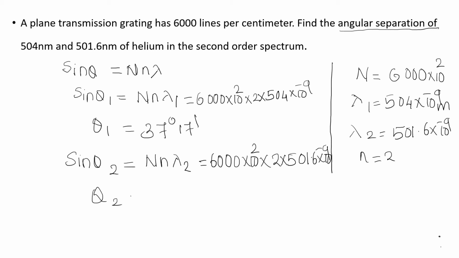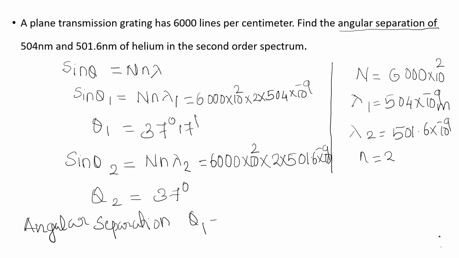Therefore the corresponding theta 2 will be 37 degree. Therefore the angular separation corresponding to the two different wavelengths is theta 1 minus theta 2. That is 37 degree 17 minute minus 37 degree, that will give 17 minute.